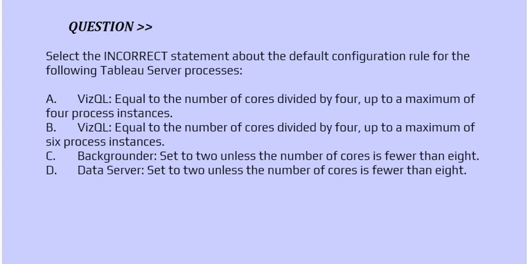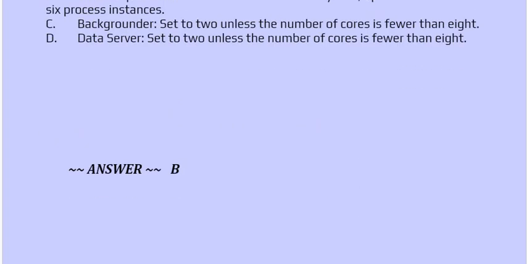Option B. VizQL equal to the number of cores divided by 4 up to a maximum of 6 process instances. Option C. Backgrounder set to 2 unless the number of cores is fewer than 8. Option D. Data server set to 2 unless the number of cores is fewer than 8. Correct answer is option B.